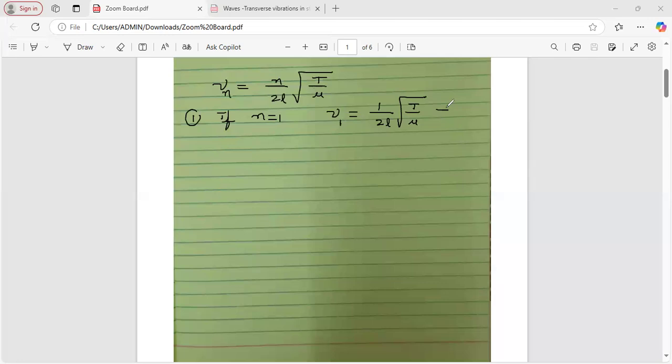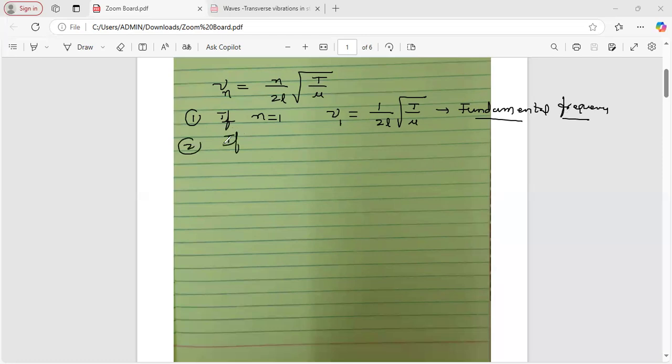This is called the fundamental frequency. That means when the string is vibrating with one loop, the frequency is called the fundamental frequency.